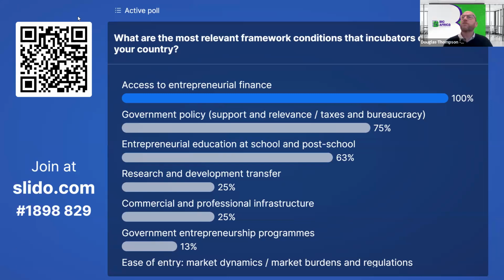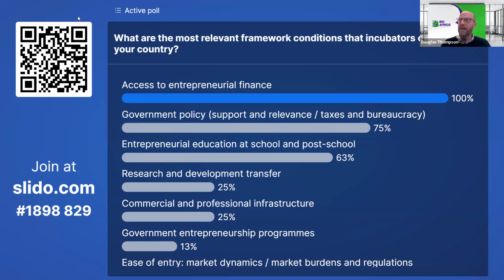In terms of results, access to entrepreneurial finance is a huge one. 100% of all the people who answered identified it as one of the most relevant. That's really helpful to us, because sessions 3 and 4 focus on that. Entrepreneurial education in school is identified by about two thirds of the people who answered.